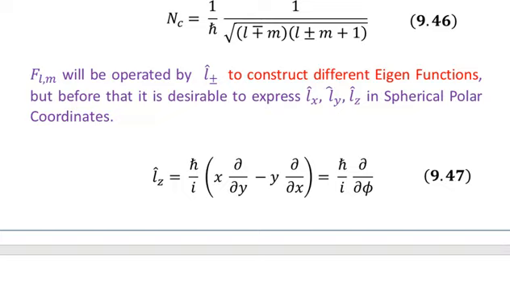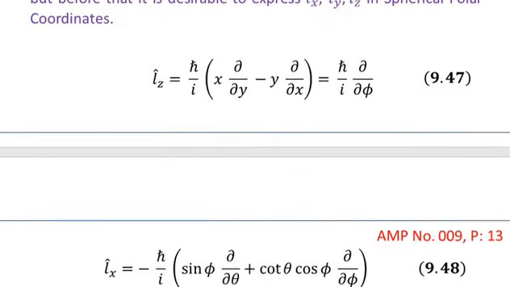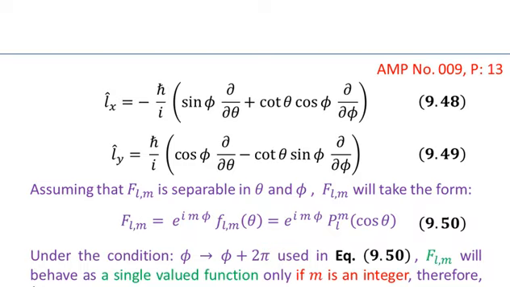Similarly, for the other operators, I am not going to prove this; you can write the conversion equations between the Cartesian coordinates and the spherical polar coordinates, and then you can work out these operators very easily. Similarly, I can write the Lx and Ly operators as given in equations number 48 and 49.